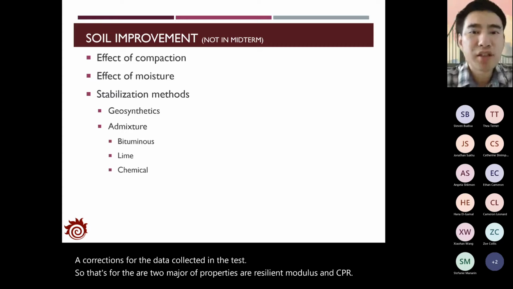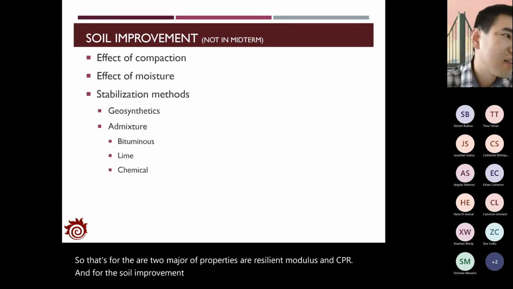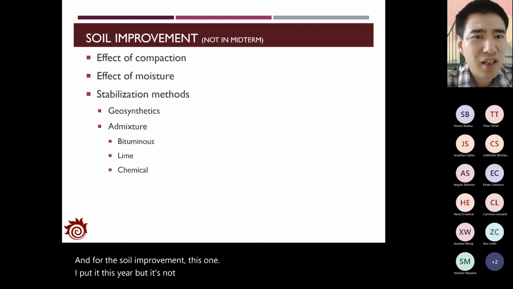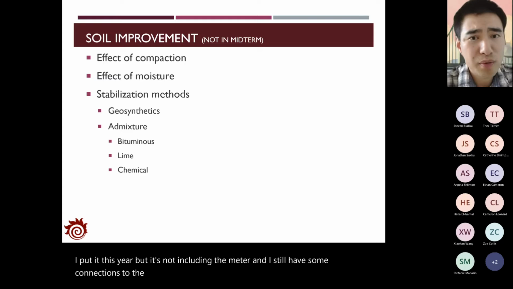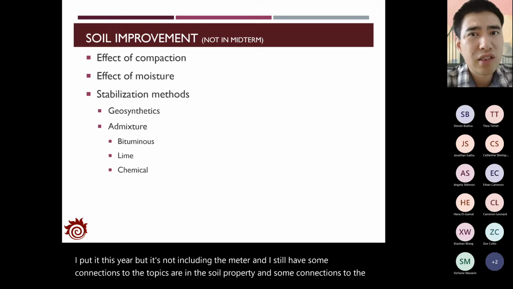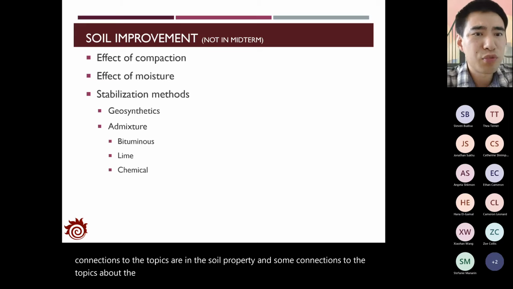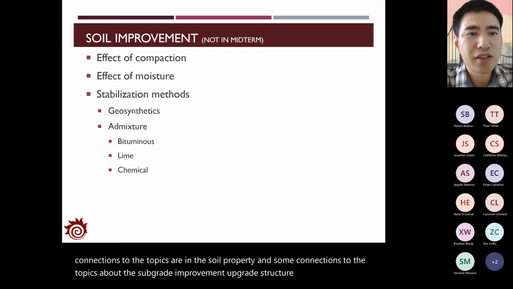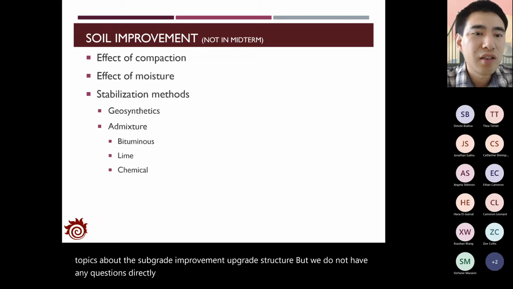And for the soil improvement, I put this there, but it's not included in the midterm. It still has some connections to the topics in the soil properties and some connections to the topics about the subgrade structure. But we do not have any questions directly related to this part.